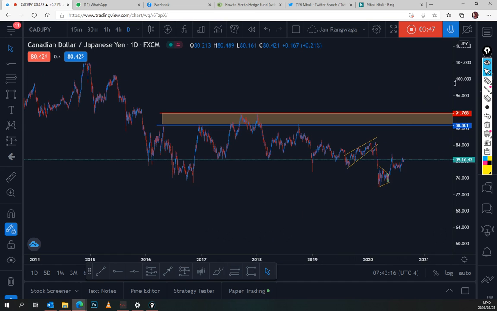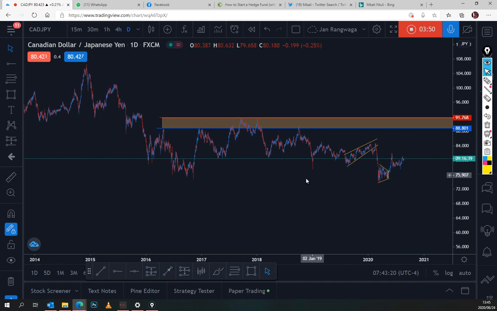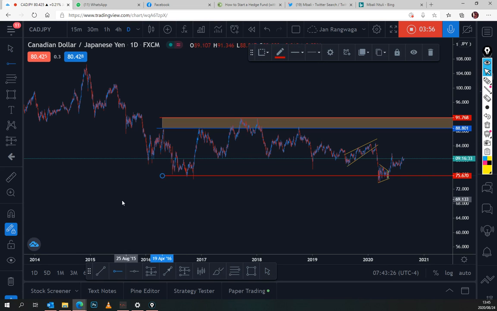Then if we zoom this in like that, we are able to figure out what has been happening. There we go, just a moment.